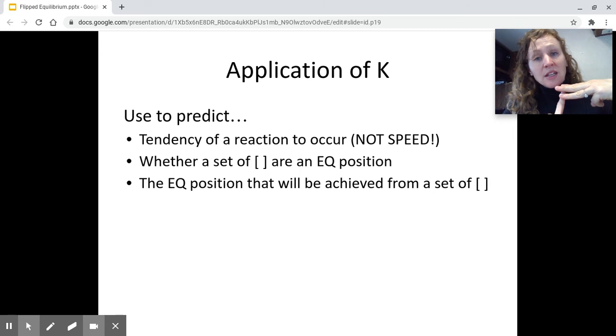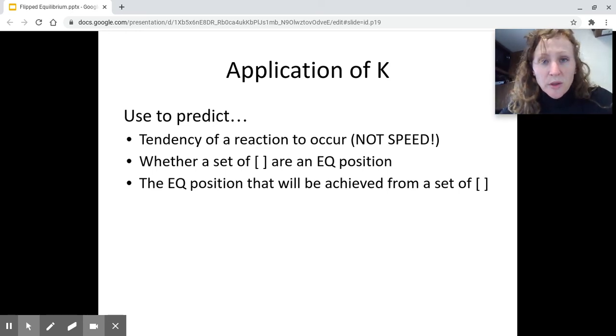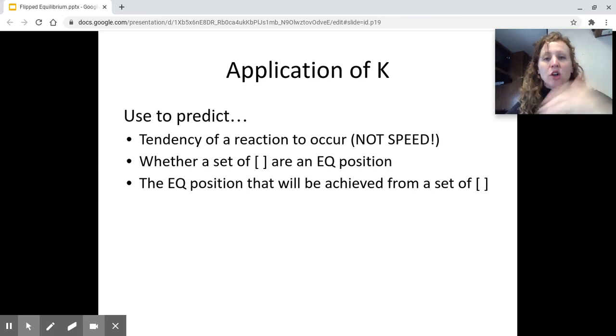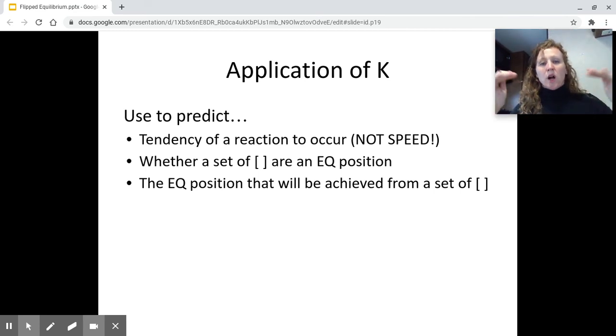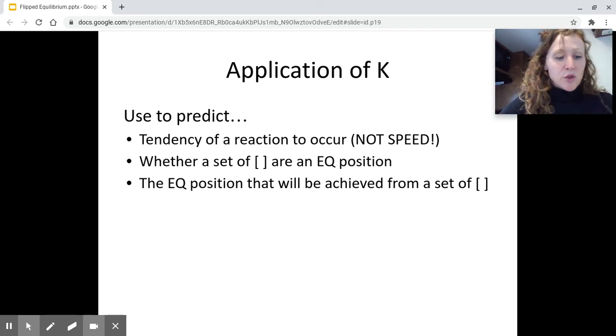And then the third thing I can actually use K to predict is, if I'm not at equilibrium, which direction will it go in order to reach equilibrium? Will the reaction go forward to get to equilibrium, or will the reaction go backwards? So we want to look at applying some numbers here to some specific situations in order to draw these three conclusions.